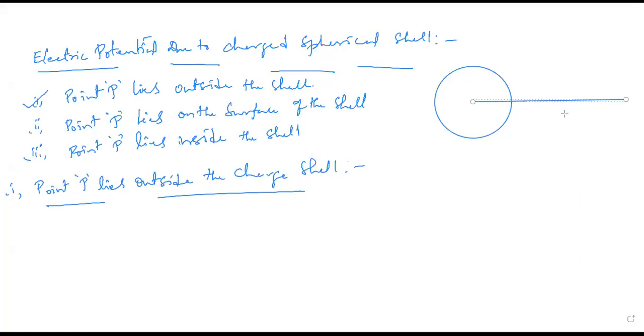This is our point, then this is the center of the sphere. First I'll draw and then I'll explain. Here I'm taking one more. Why I'm drawing, I will let you know. First let me complete drawing, then we'll see. Everyone follow the same as I'm drawing.